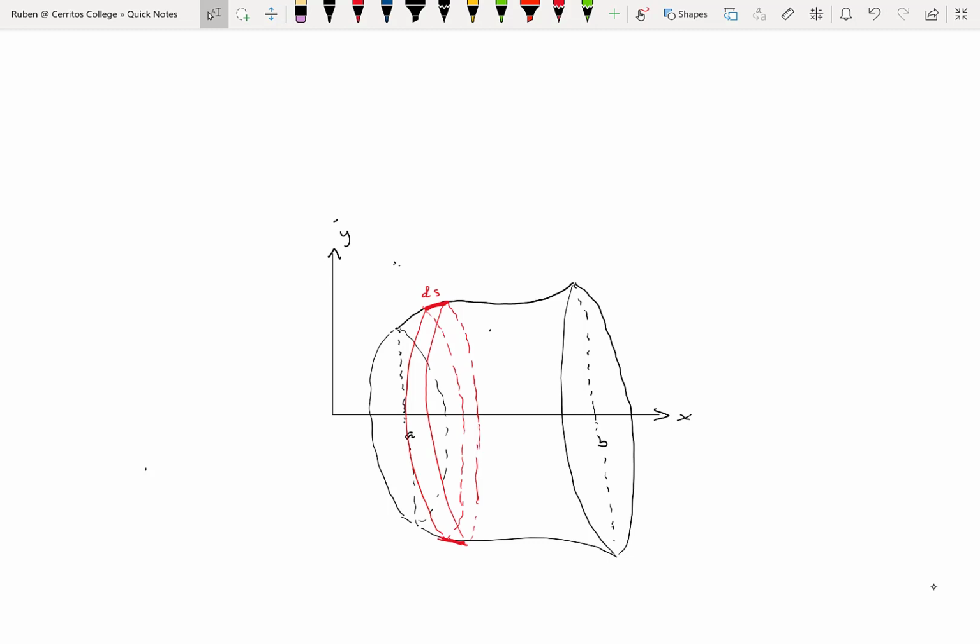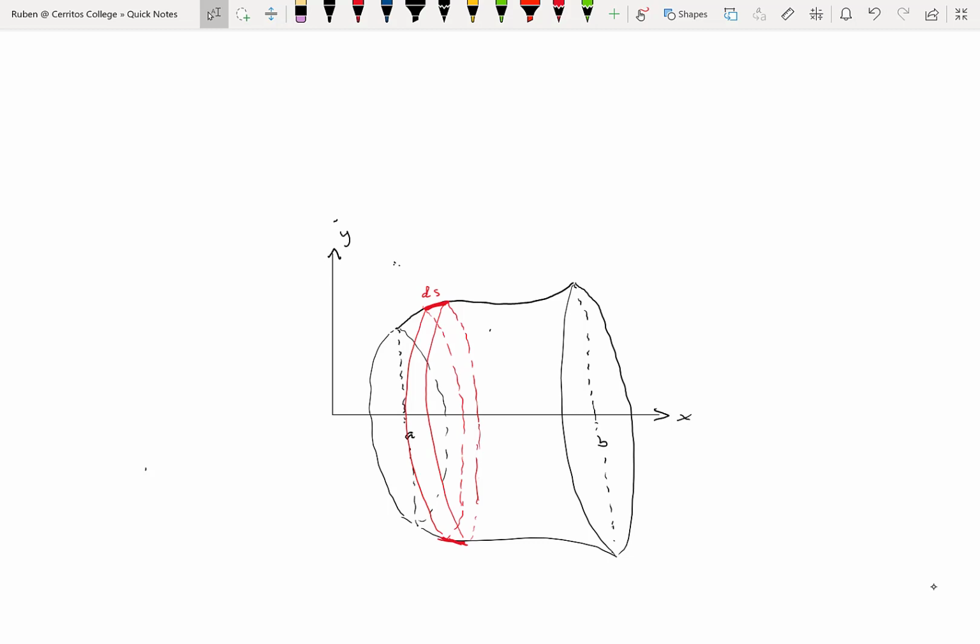What we would generate is a tiny little band of surface. We want to find the surface area of that one little band and then use integration by adding up the surface areas of all those typical little bands. Well, remember, ds is so tiny that we can assume that ds is essentially a little tiny arc length, a little tiny line segment.